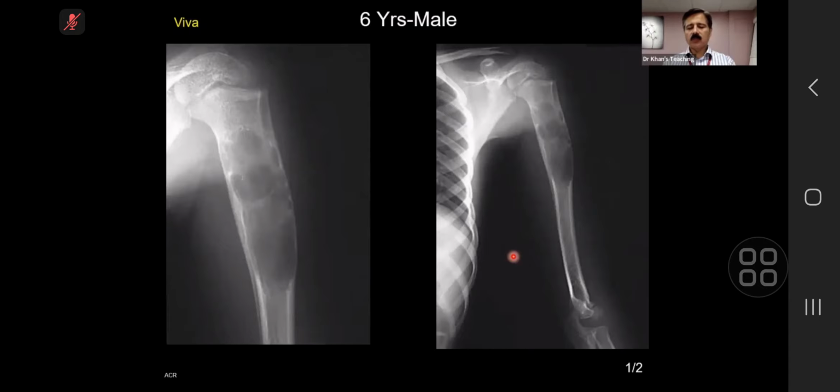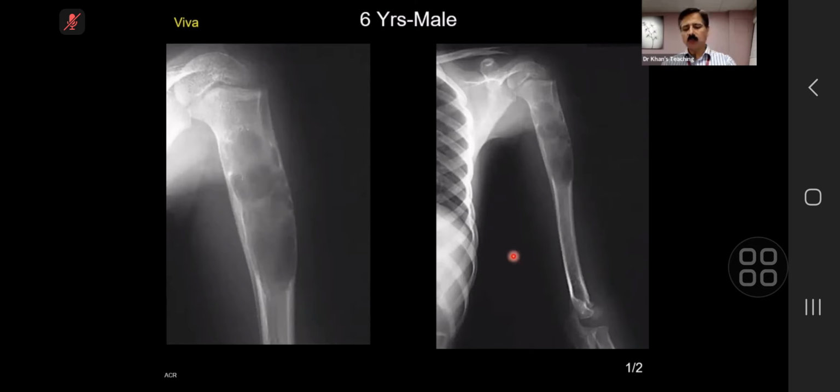Here you are. So simple bone cyst number 1 because of the reason which I have told you, and it is more central. Please remember that there is a concept of what we call migration of cyst. In simple bone cyst, the cyst will be at a metaphysis, and as the kid grows, the lesion might shift into the diaphysis.